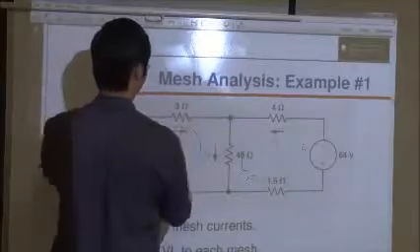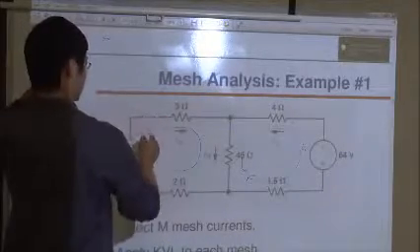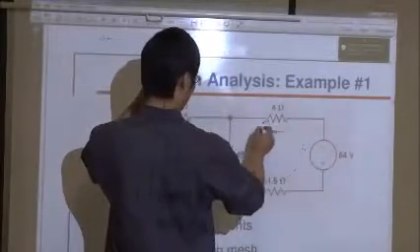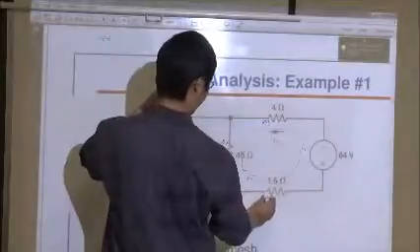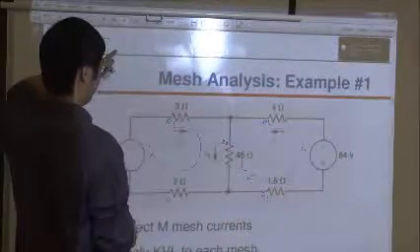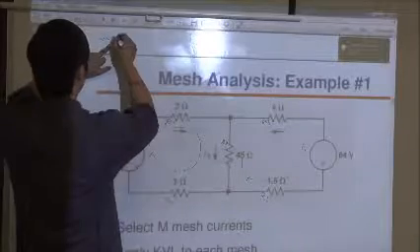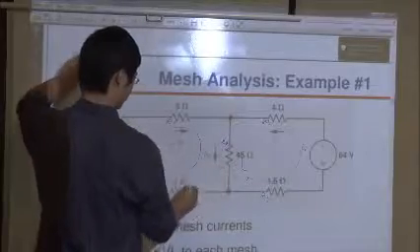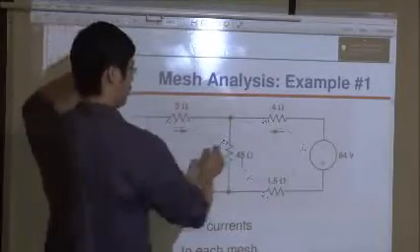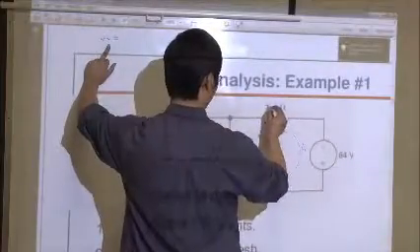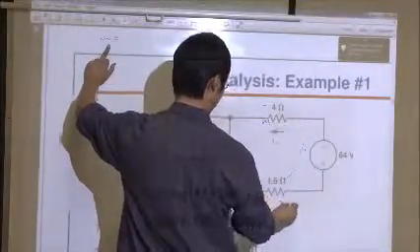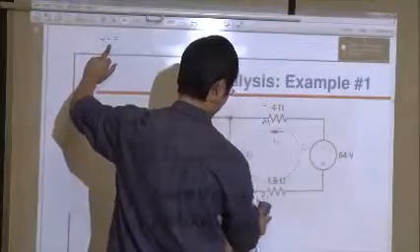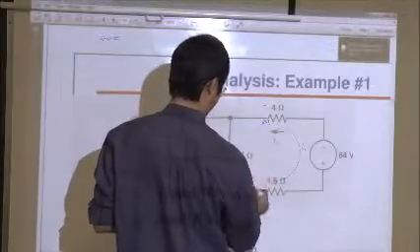Then we find the voltage drop across the 3 ohm resistor. Let's say this is R1, this is R2, this is R3, R4, R5. So the 40 V will equal the sum of the drops. Let's label the polarity. As I said, you have to pick the direction, so to be consistent, let's make it consistent with our loop direction.